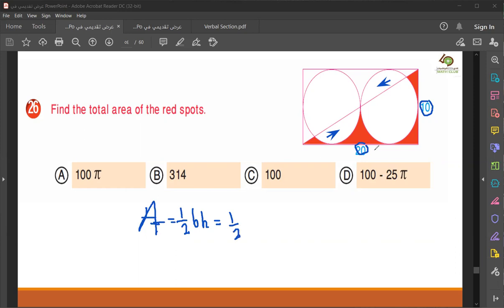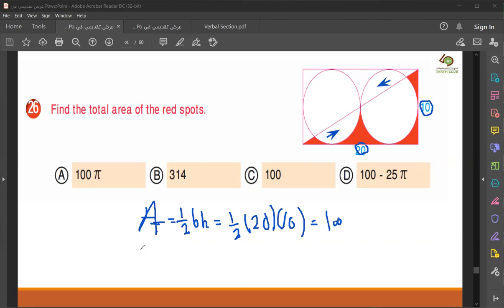What is the base here? 20, multiplied by the height, which is 10. You simplify, then the answer is 100. Then the area of the triangle, 100, minus the area of the circle.